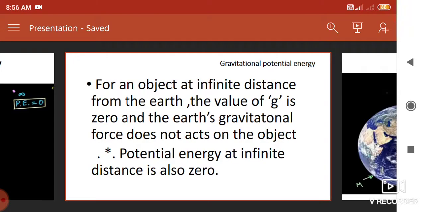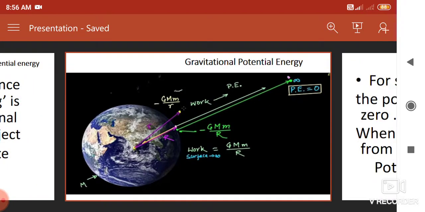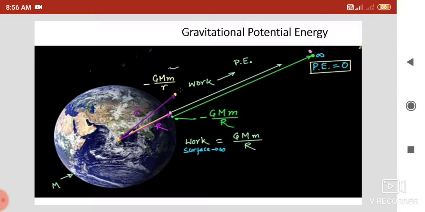Now, let us see. Suppose this object one, you can see in the figure. When we are taking the object to infinite distance, work is done on the object, and that work is determined with the help of GMm upon r.